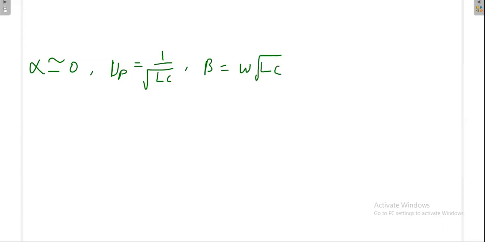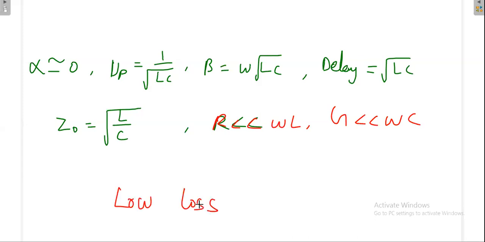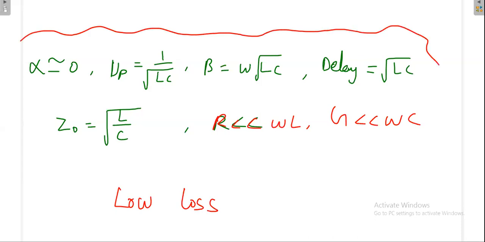Delay is equal to square root of LC. Z naught is equal to square root of L by C. Under the condition R is very less compared to omega L, and G is very less compared to omega C. This is the condition for low loss.